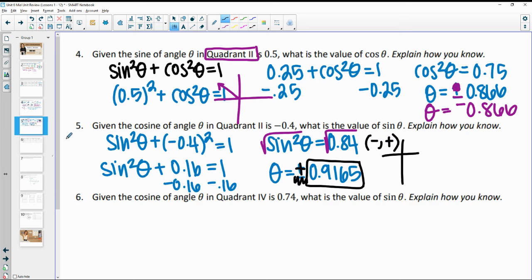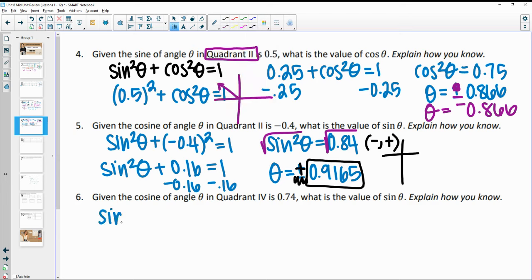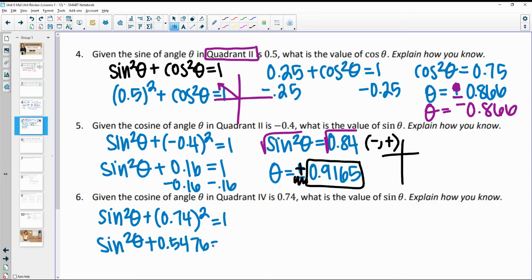Number 6, given the cosine of theta in quadrant 4 is 0.74, find the value of sine. So we have sine squared plus 0.74 squared equals 1. So 0.74 squared is 0.5476.